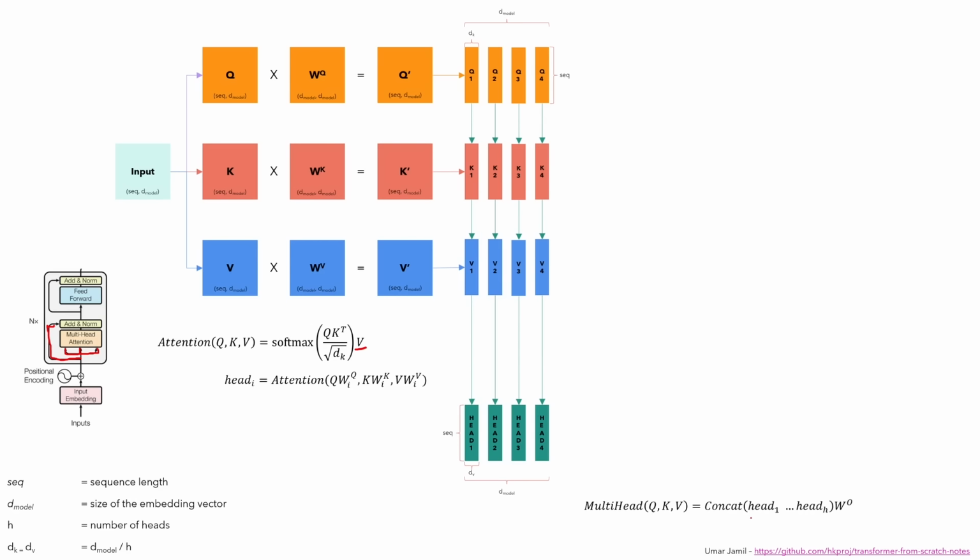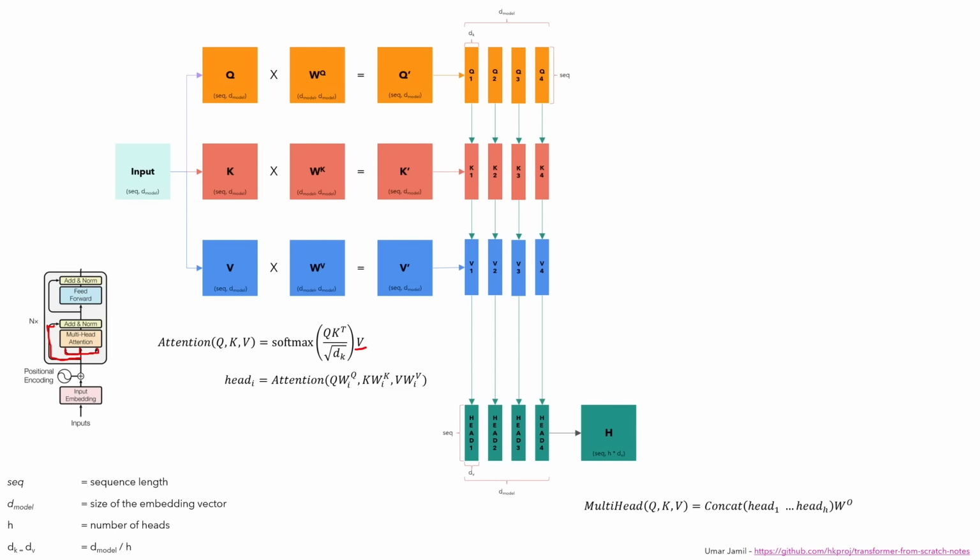So we concat all these heads together and we get a new matrix that is sequence by h multiplied by dv, where, as we know, dv is equal to dk, so h multiplied by dv is equal to d model. So we get back the initial shape, sequence by d model.